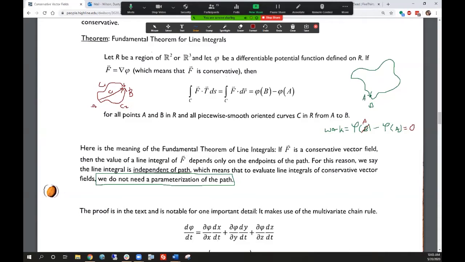It doesn't matter what path you take, as long as you have the same initial point and same end point, you're going to get the same work. So here you have path independence. And in the other case, you have the work to go around the closed path of F dot dr, if it's a conservative field, will be 0.